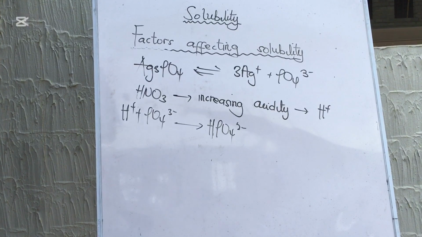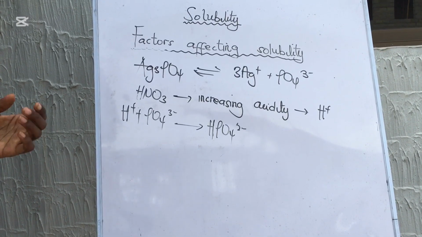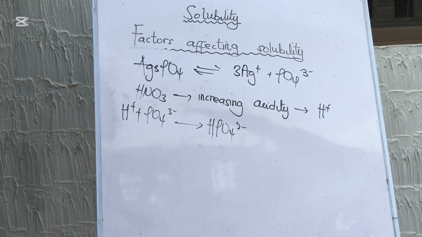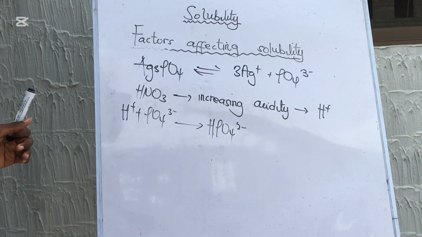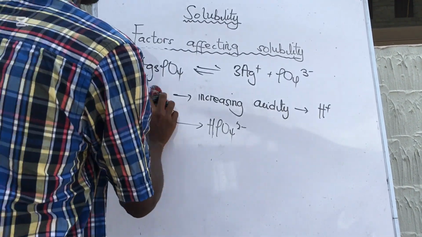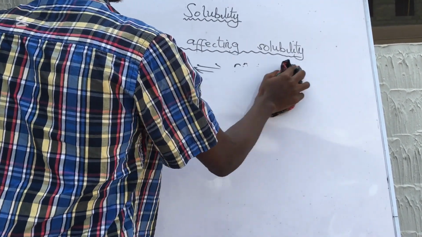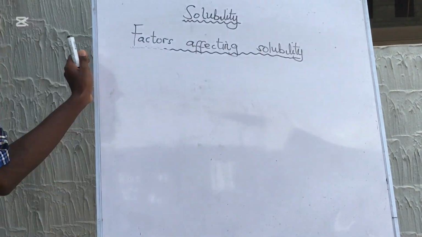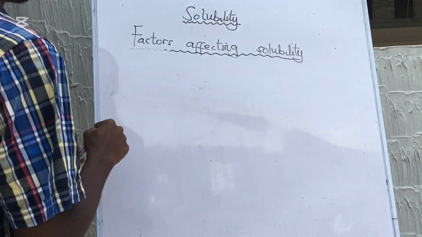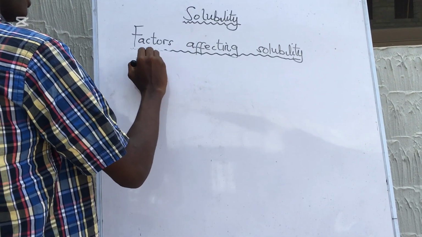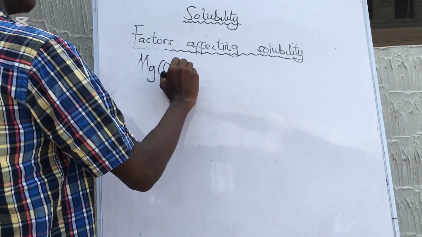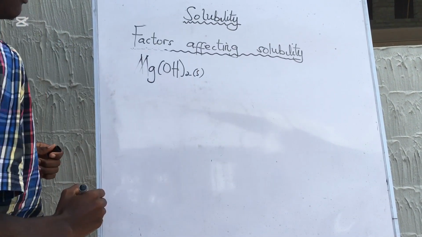Now let's look at the other part of it, where we are increasing basicity. If you are increasing basicity, what do we actually expect? Let's take a typical salt like magnesium hydroxide, Mg(OH)2 solid.